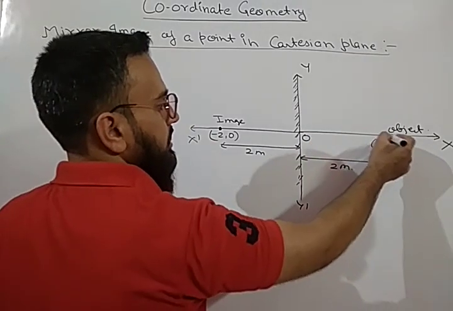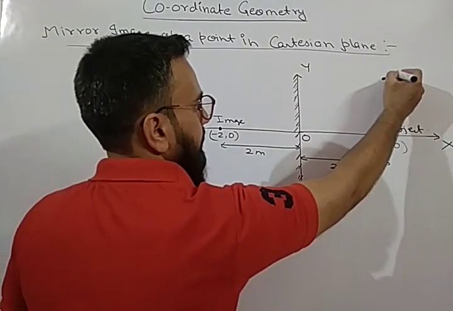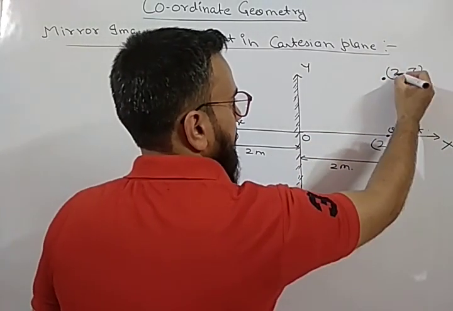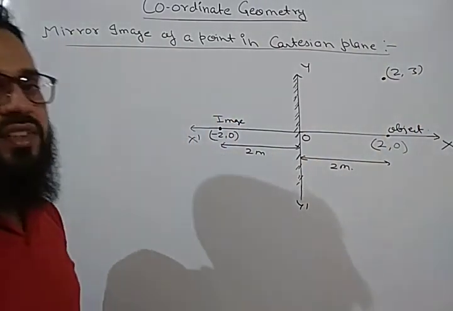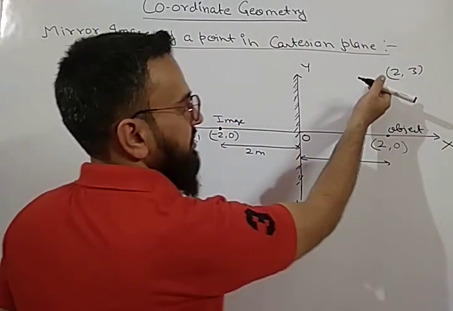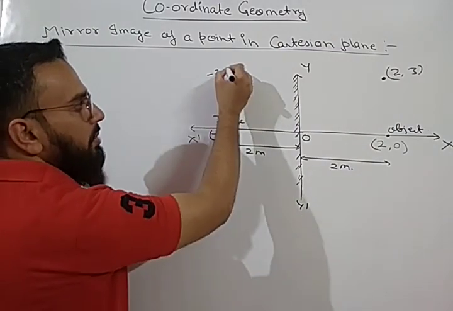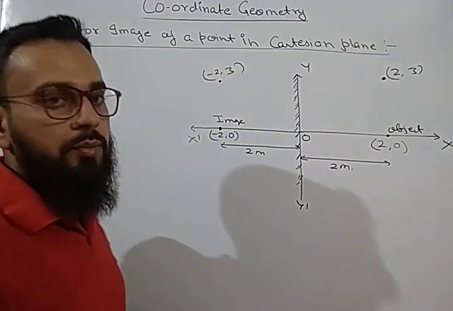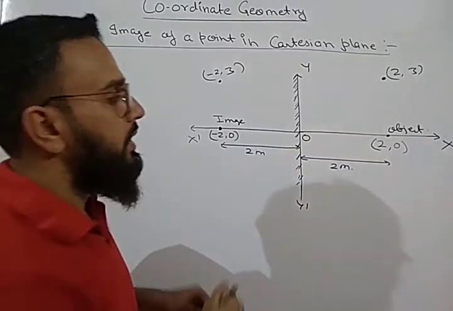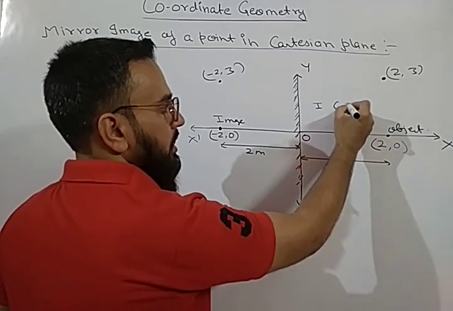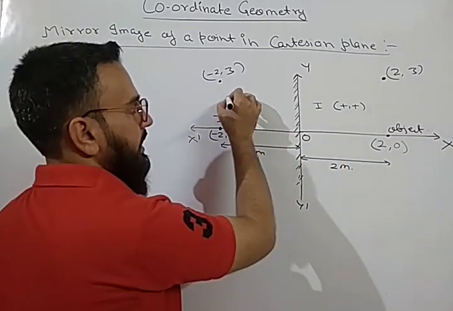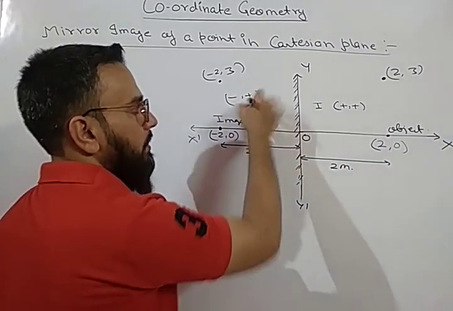Similarly, let us take another example. Suppose this is our point (2, 3). What will be its mirror image? The image will be formed at this point. So it will be (-2, 3), not (-2, -3), because it is our second quadrant, and we have discussed that in the first quadrant both signs are positive, and in the second quadrant it is minus and plus.